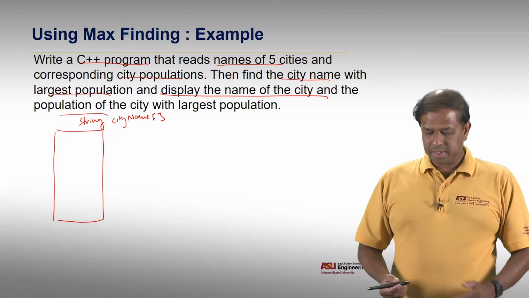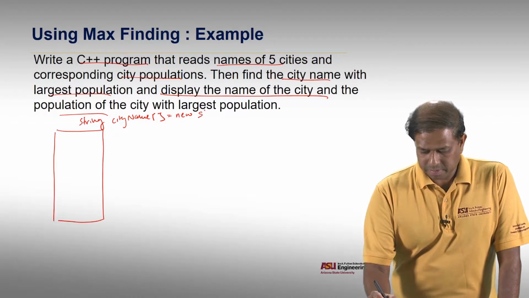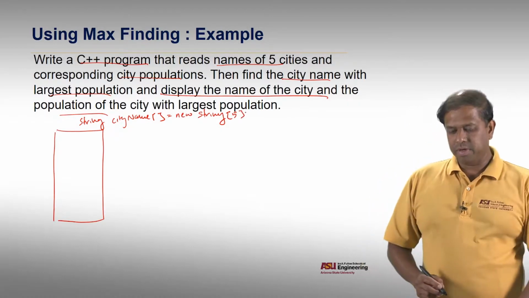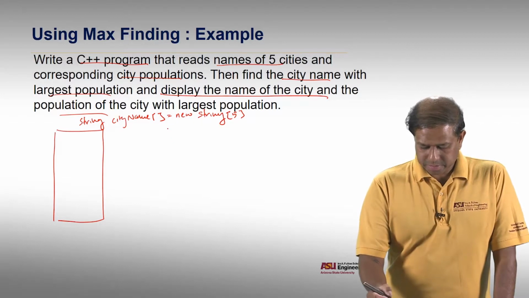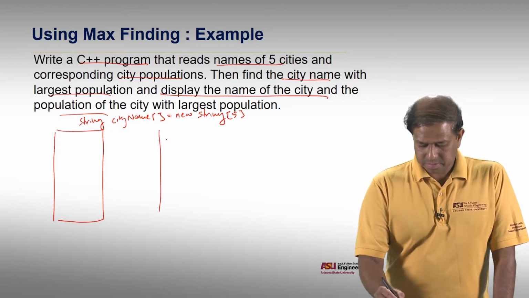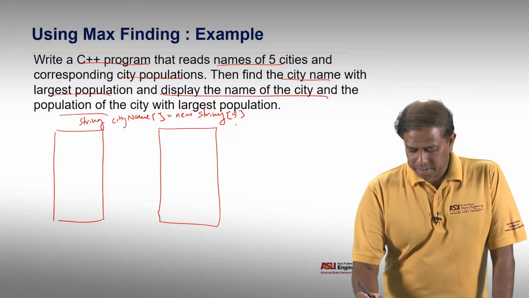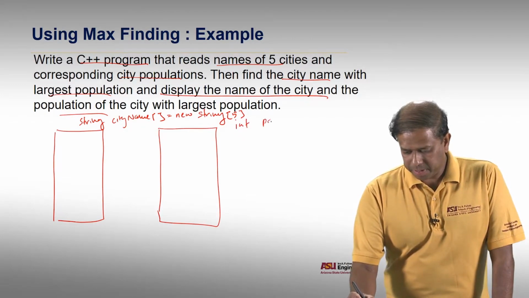This can be of size 5, so new string 5. We can assign the array like this, and then this can be the city population. This is an integer array, population.